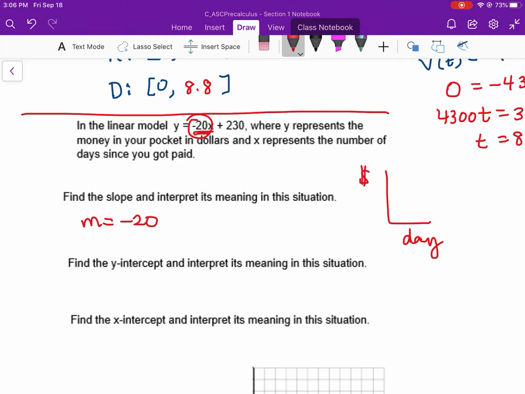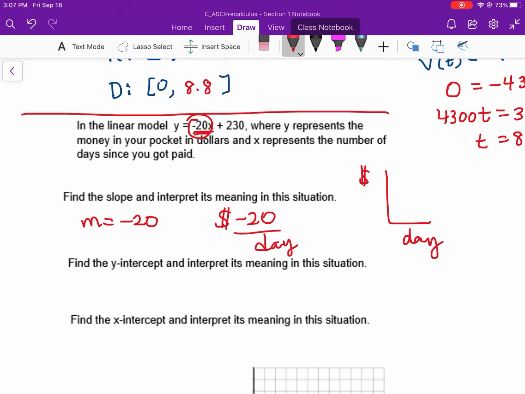Anyway, so I have negative $20 for each day. What does that mean? I think that means that I spend $20 every day, right? Money in my pocket goes down, so I think I spend $20 every day. I don't spend $20, but somebody does, right?